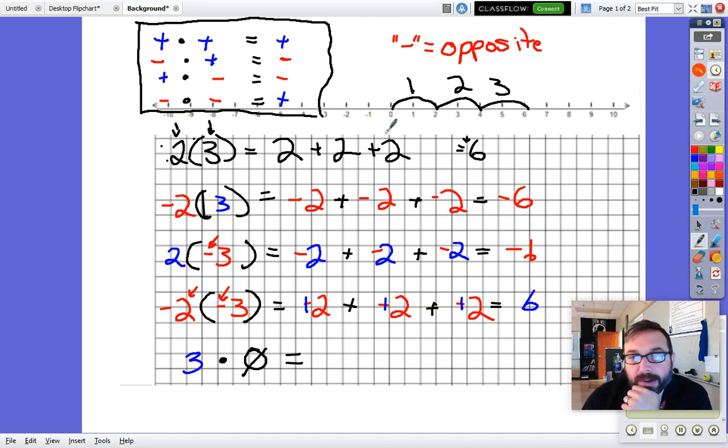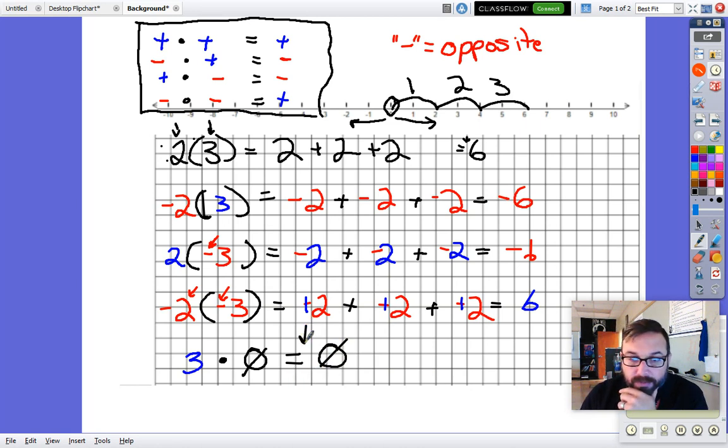And if we look up here on the number line, positive numbers are all of these numbers. Negative numbers are all of those numbers. 0 just sits in the middle. So it is neither positive nor negative. So 3 times 0, any number times 0 is 0.